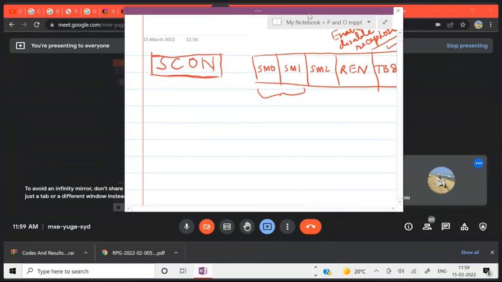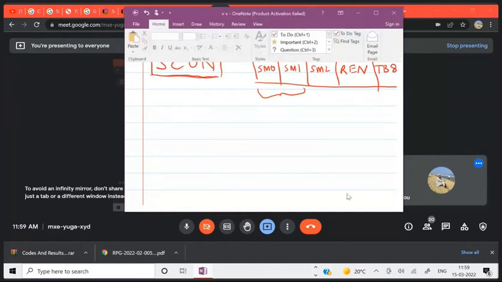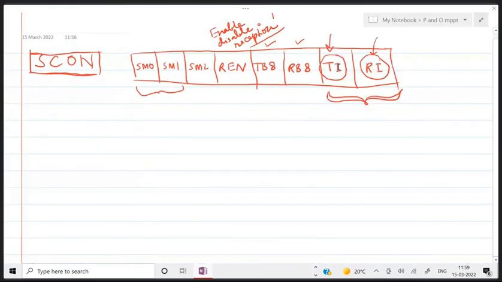And if you do not want the microcontroller to receive any data at the RXD pin, you have to keep it equal to 0.